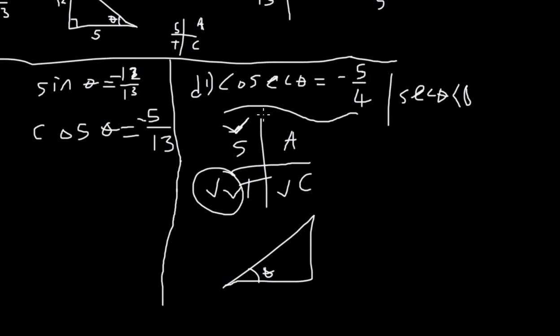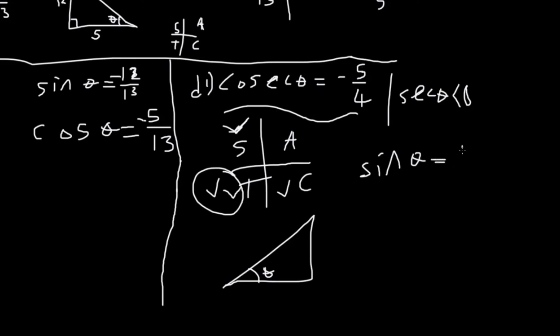For sine, we know that cosec is just 1 over sine. So in order for us to get sine theta from cosec, we need to divide 1 by this answer here.